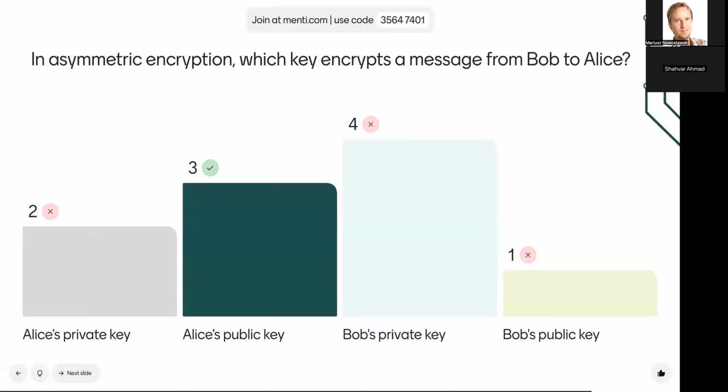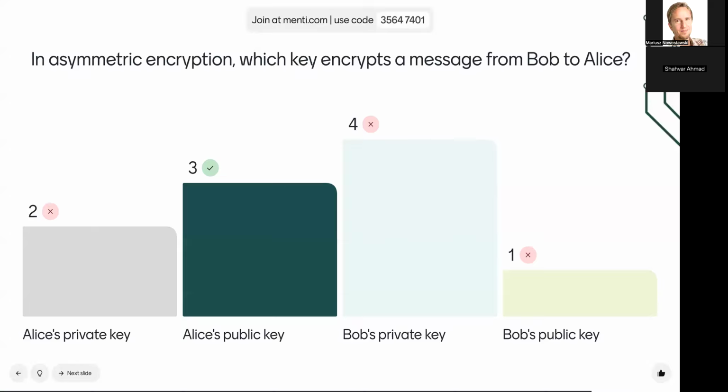So to encrypt this, Bob will have to use Alice's public key such that she will use the private key to decrypt it, right? That makes sense. So the correct answer here is, for messages from Bob to Alice, Bob has to use Alice's public key.